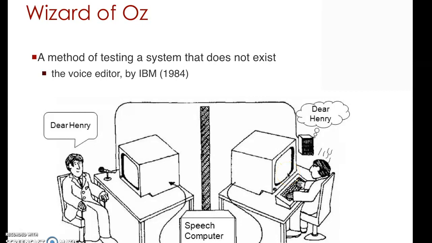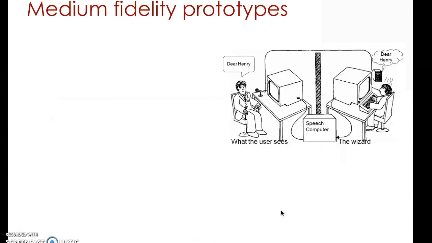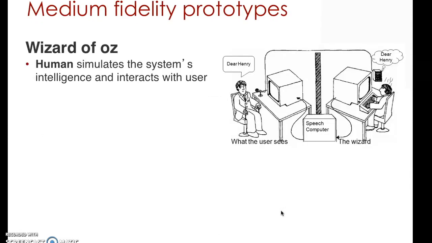You are basically pretending to the user, making them believe that this voice command system is actually already working, whereas it's actually not working, that you do the interaction remotely, or you control the interaction to make it look like it's a working system. Okay, this is some sort of description of what Wizard of Oz is. The human, in this case, is the developer.